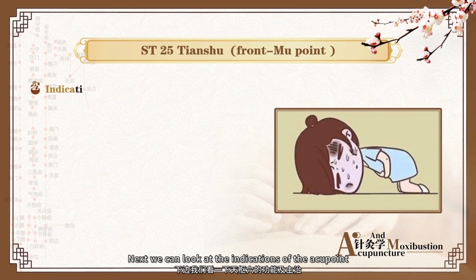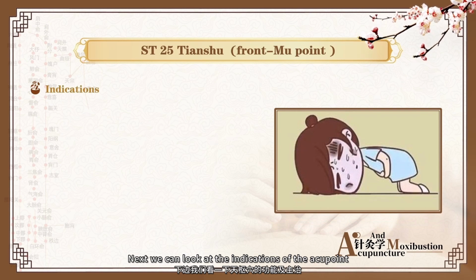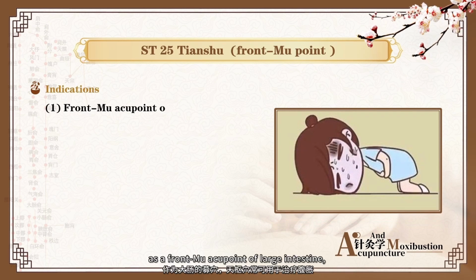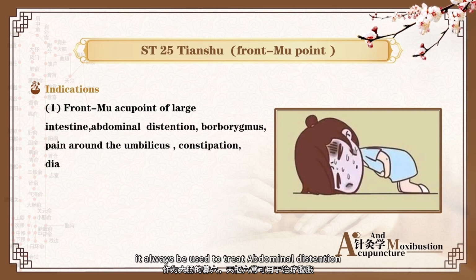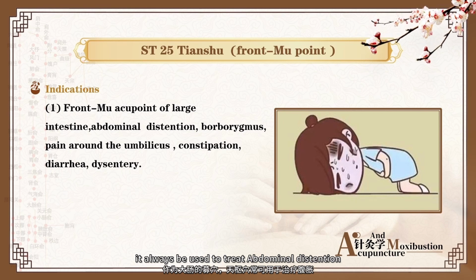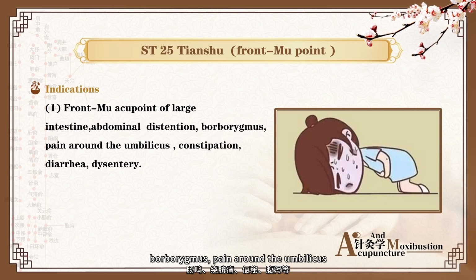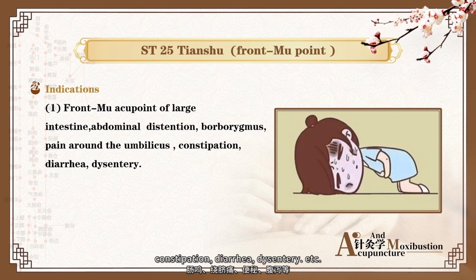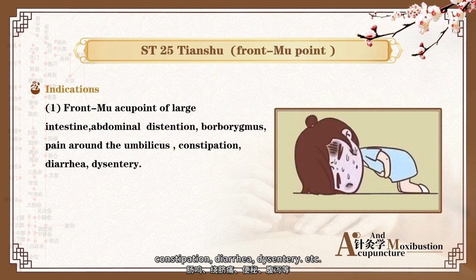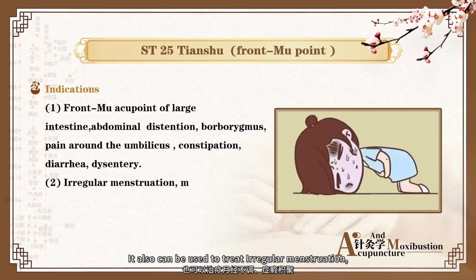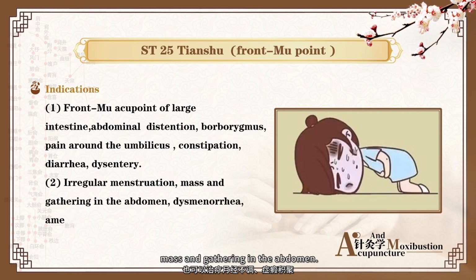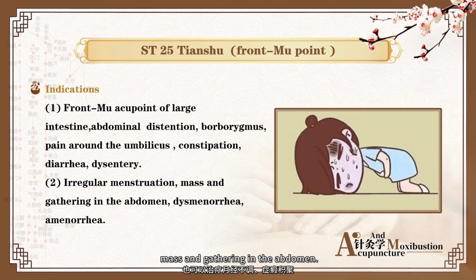Next, we can look at the indications of the acupoint. As a front-mu acupoint of the large intestine, it is always used to treat abdominal distension, borborygmus, pain around the umbilicus, constipation, diarrhea, dysentery, etc. It also can be used to treat irregular menstruation, mass and gathering in the abdomen.